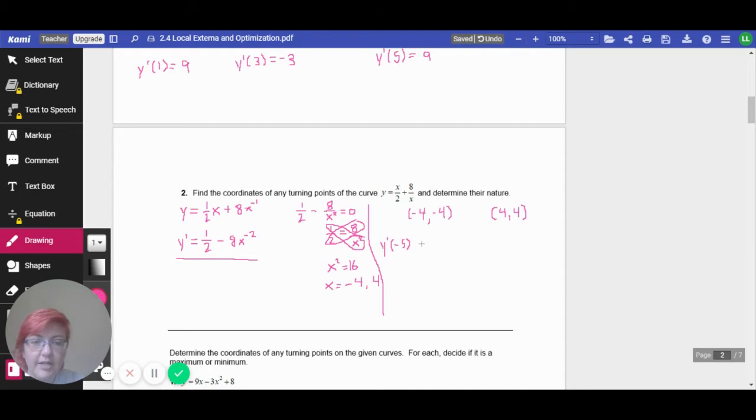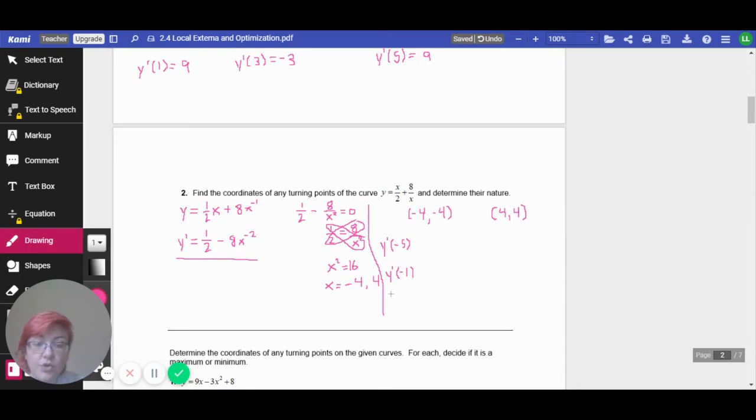And then I need one between negative 4 and 4 that is not 0 because x is on the bottom of a fraction here. So I'm going to go with y prime of negative 1. And then I need an x value that's greater than 4.